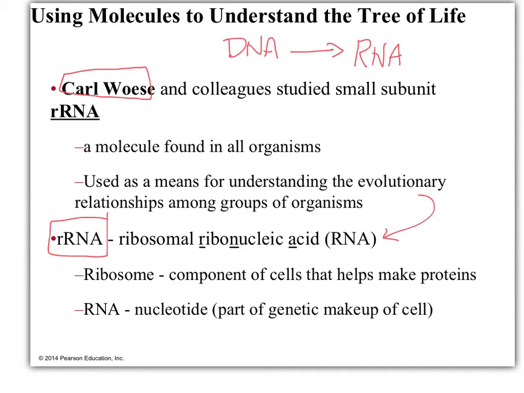So I'm going to draw for you what an RNA molecule, an RNA nucleotide, looks like. So RNA molecules are made up of a phosphate, a sugar, and a base. And this base is a nitrogenous base.